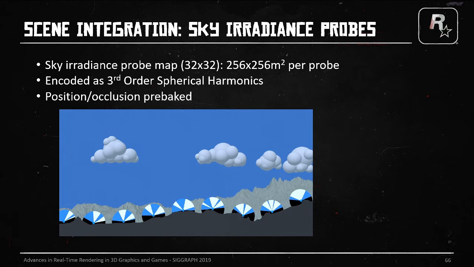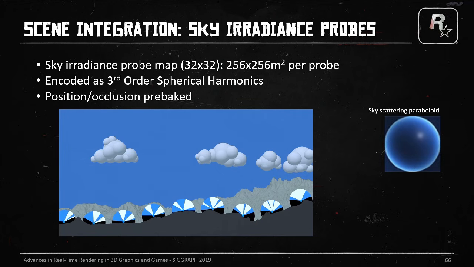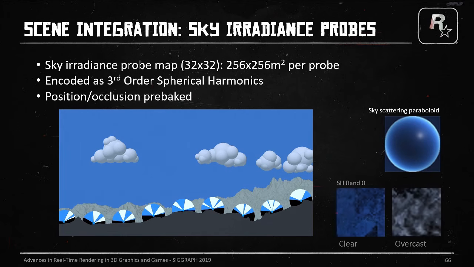And then each of these probes casts a number of rays into the volumetric scene and accumulates both in-scattering and transmittance, which then modulates the sky scattering paraboloid lookup that we've used earlier to generate the sky ambient. And doing this allows us to have both the characteristic blue sky when the weather is clear and get a cloud-colored ambient when it's overcast.